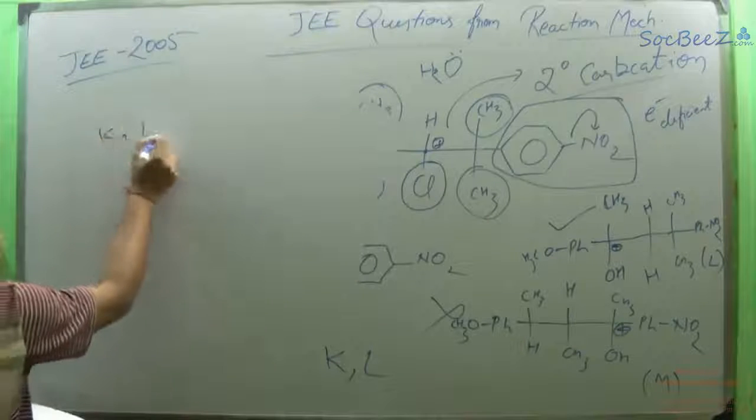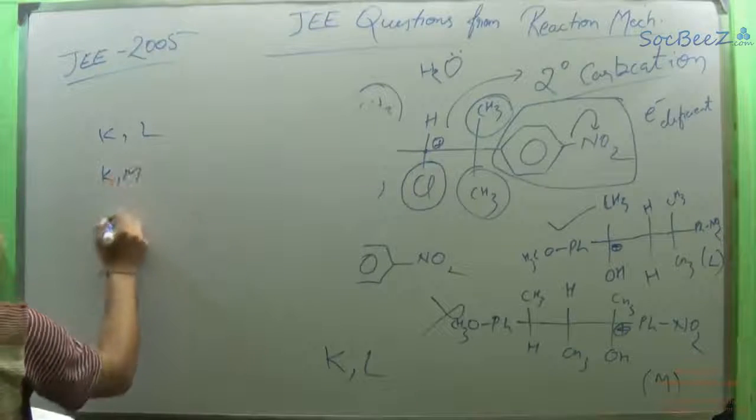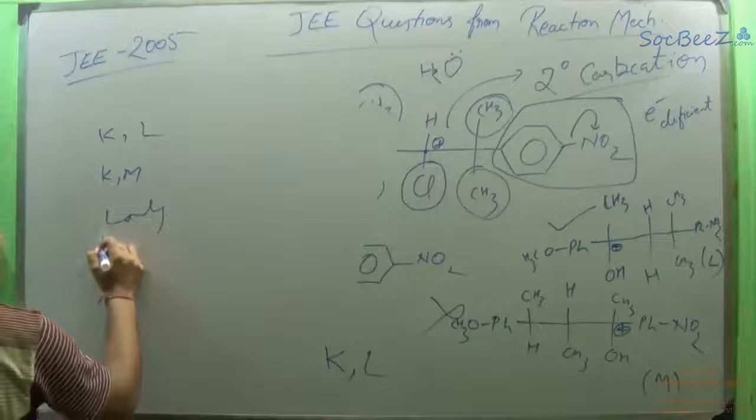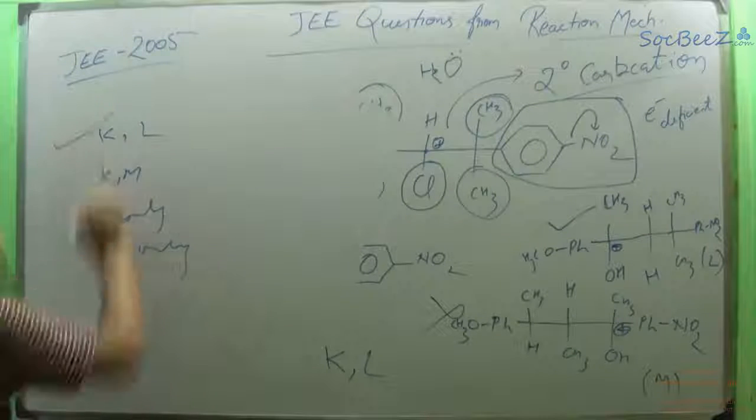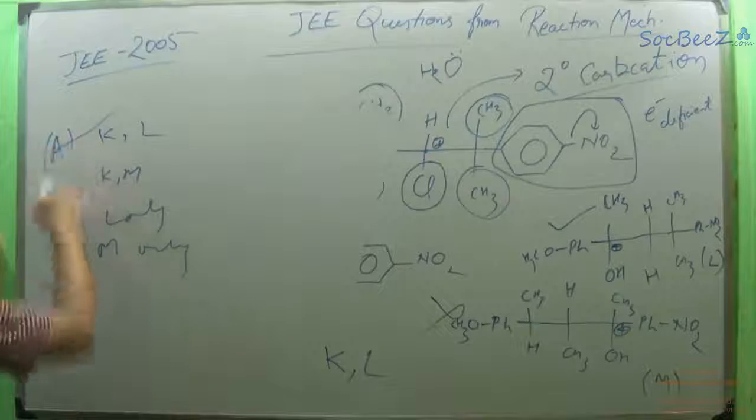Options were K, L, K, M, L only, M only. So we can get both K and L. The A option is our answer.